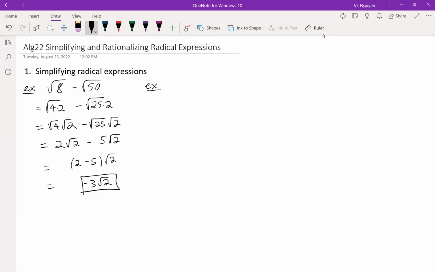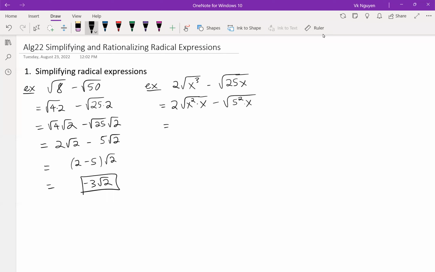Another example is 2 root x to the 3 minus square root of 25x. Root x to the 3 is the same as root x squared times x, minus root of 25, so that's 5 squared x.